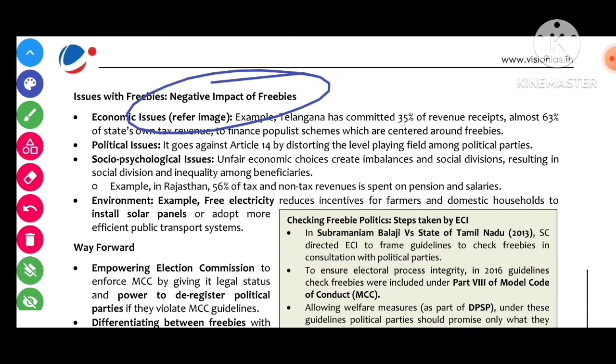Okay, and what are the issues with freebies? It is crucial that freebies have negative consequences, such as economic issues.